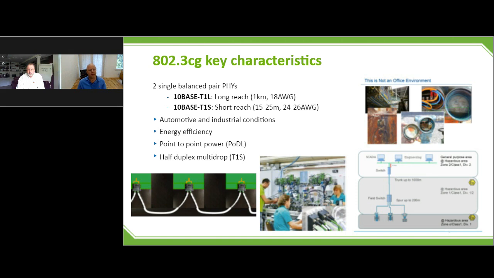And together with folks from the networking space, who primarily make office networking equipment, but also make it for industrial networking applications, they got together and they said, we can make a project here where we can make Ethernet that fits your industrial needs, works for the automotive needs, and has some other applications, say in building automation. And that's where 802.3CG came from.